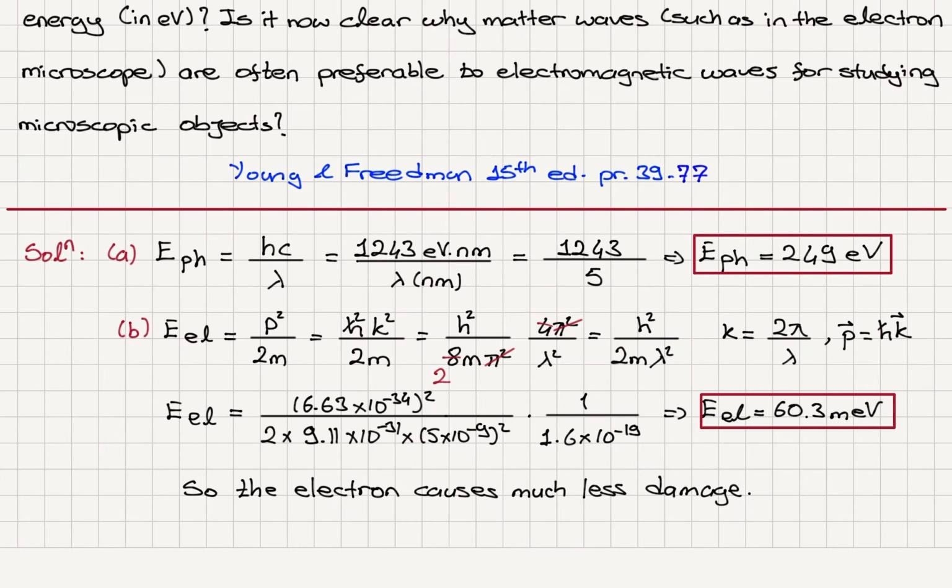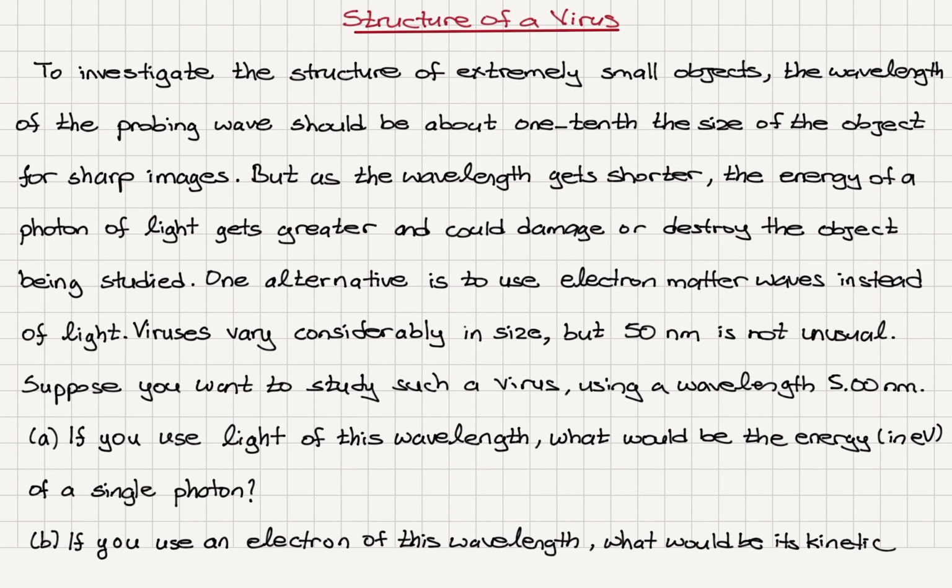Okay, so in this problem we have compared the matter waves, electrons and photons with the same wavelength in order to probe the structure of a virus, which is 50 nanometers in size. And as a rule of thumb, 1/10 of the size of the object is a good number to get a sharp image. So we're looking for a wavelength of 5 nanometers.